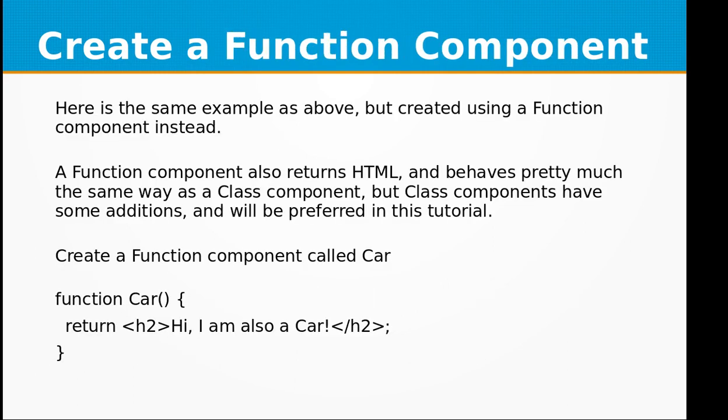Here is the same example as above, but created using a function component instead. A function component also returns HTML and behaves pretty much the same way as a class component. But class components have some additions and will be preferred in this tutorial. Let's create a function component called Car.